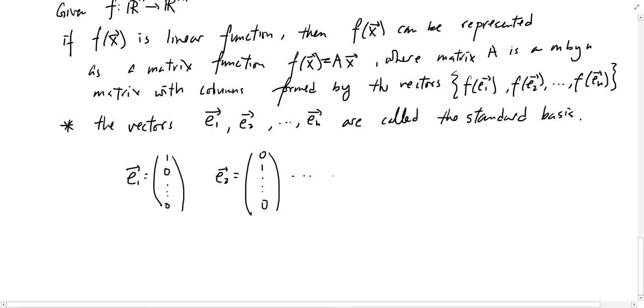And then this pattern continues to vector e sub n, which would have 0 everywhere except a 1 at the nth spot, which is the last spot. So they are called the standard basis collectively, and each one is basically one vector within the standard basis.